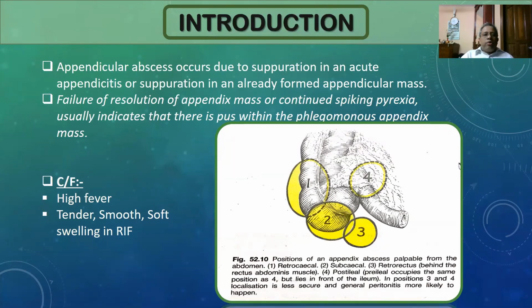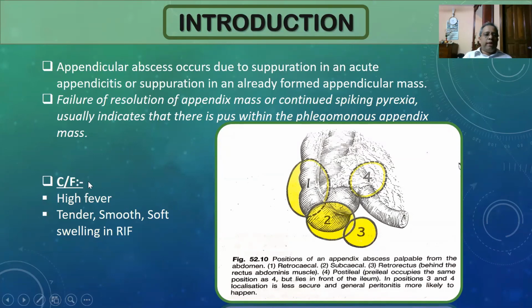Failure of resolution of the appendicular mass or continued spiking pyrexia usually indicates that there is pus within the phlegmonous appendix mass. Continued spiking pyrexia is the main feature of abscess formation in the lump.